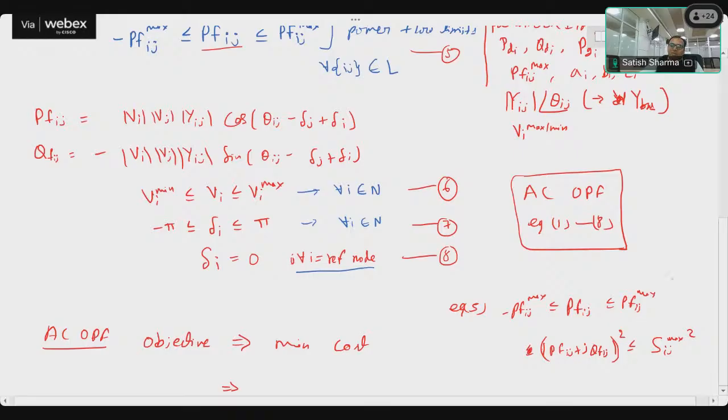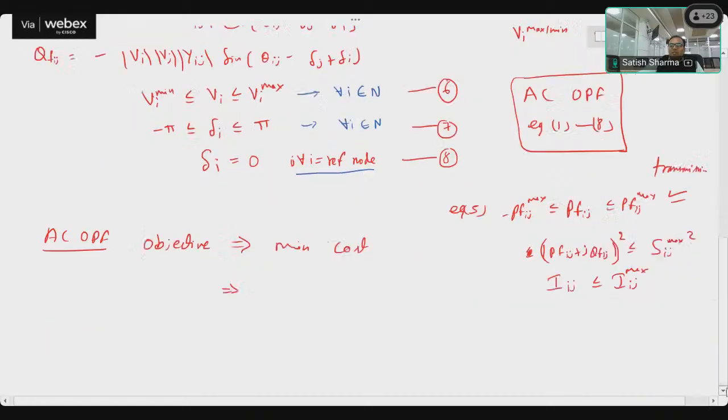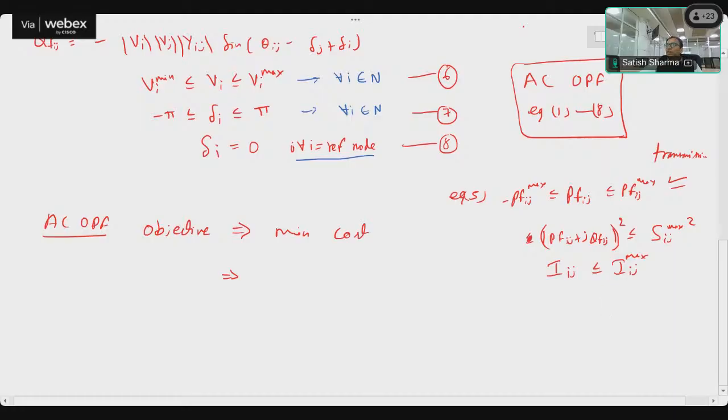Usually what is preferred is either the active power limit, and sometimes we also look at the current limits. Generally this active power limit we consider for the transmission network, and distribution networks are defined by the current carrying capacity, like all the feeders. So that's why we have this current limit for the distribution network.